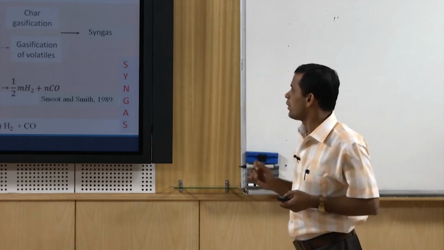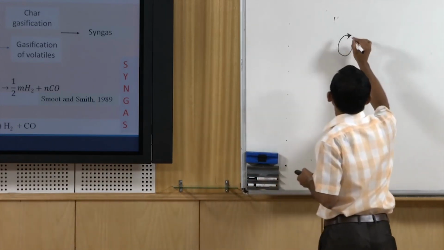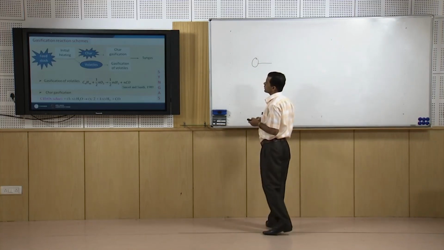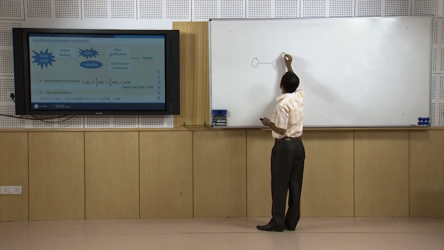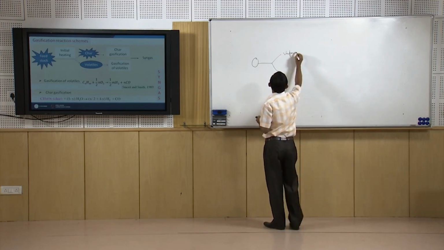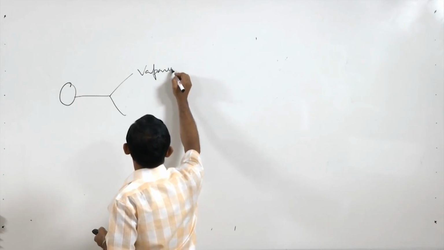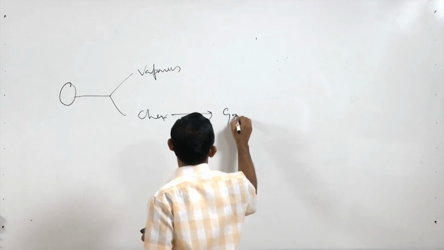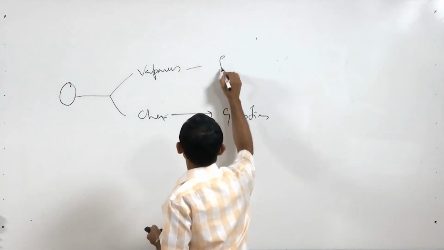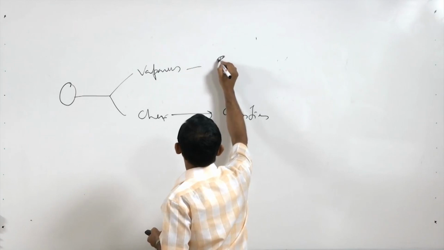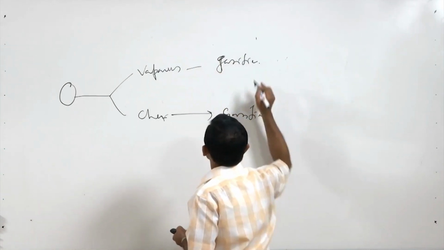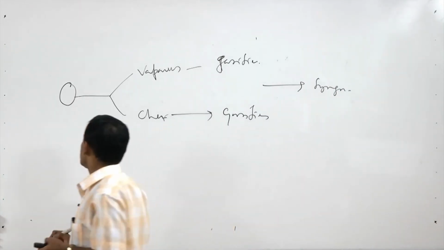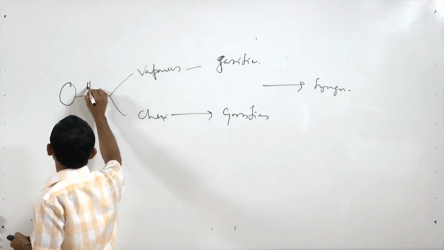At first, the feedstock comes in contact with hot gas, so devolatilization takes place, giving some vapors and char. Then the char further gasifies and gives the syngas. This is the application of heat.